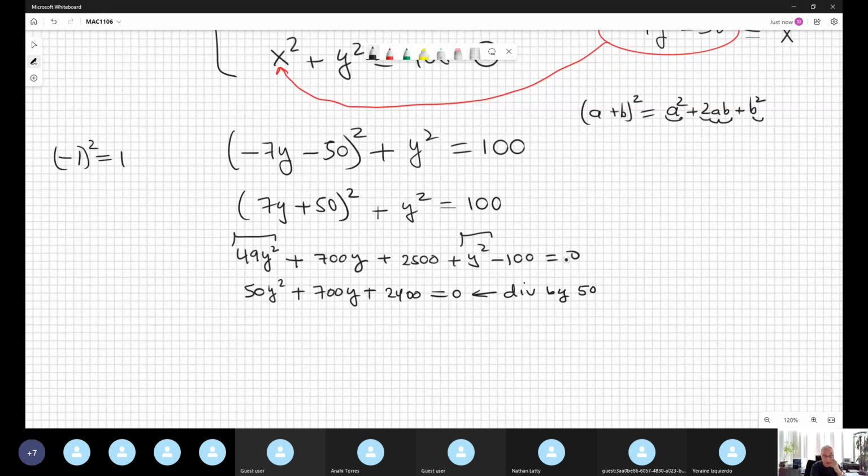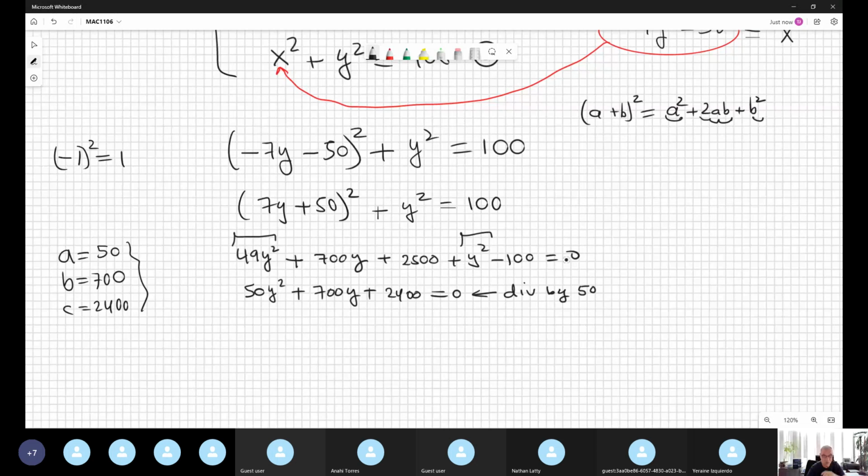I did it that way, but in the test, not necessarily you are doing it that way. If you don't realize this idea, you suppose A is 50, B is 700, and C is 2400, and you plug it in the quadratic formula, but that's too heavy.